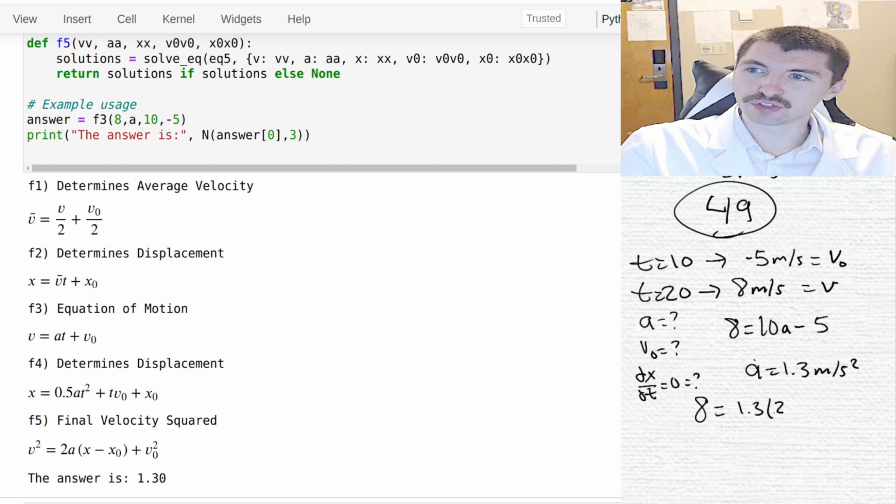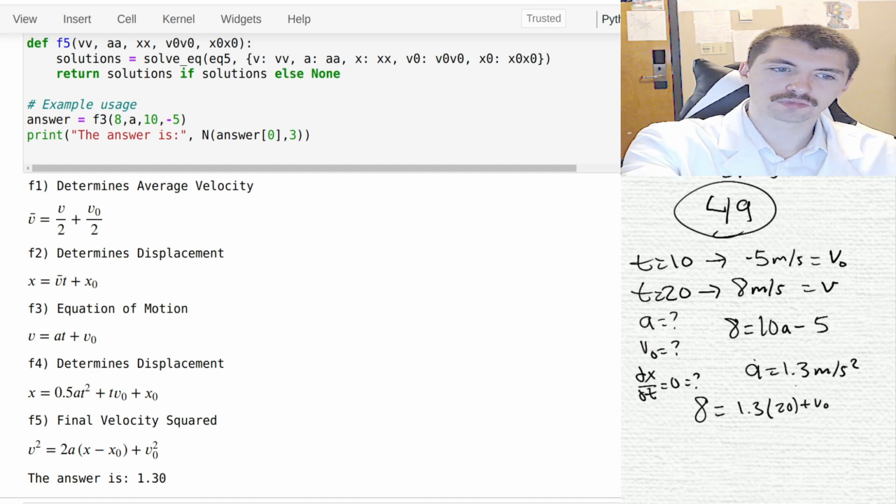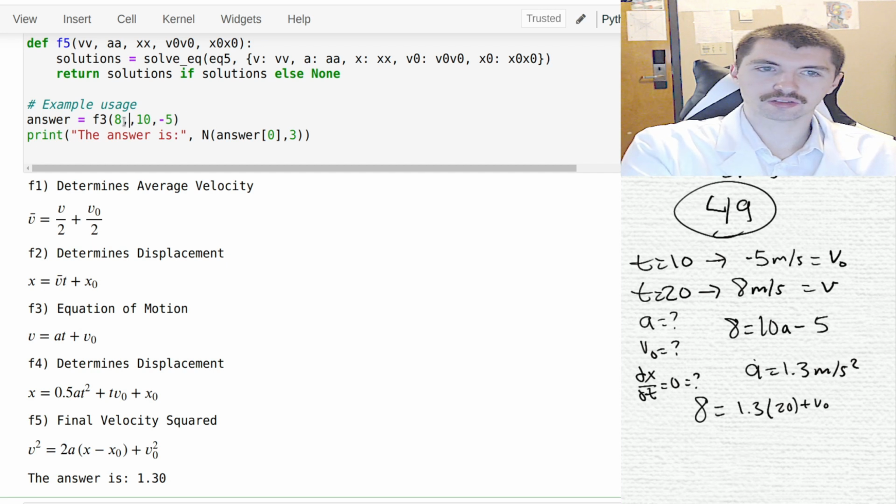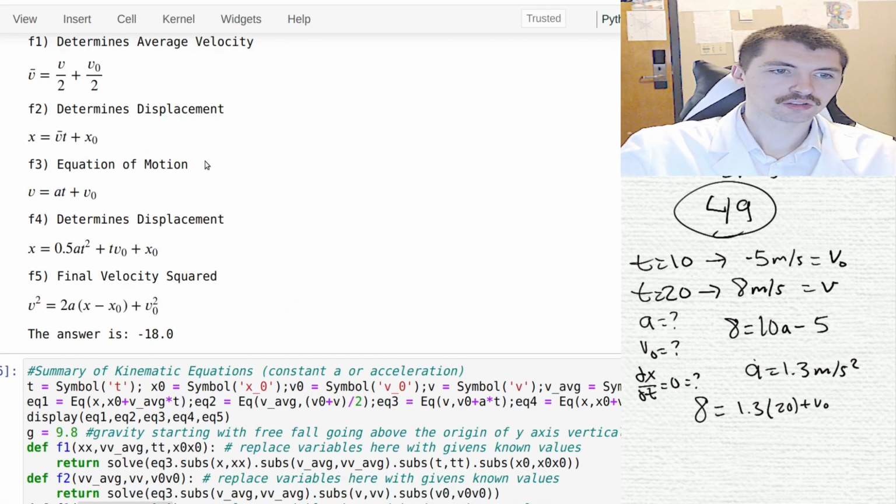I think they want V naught, like V at 0. Okay, so we're going to try 8, 1.3, 20. So V naught specifically, it's negative 18.